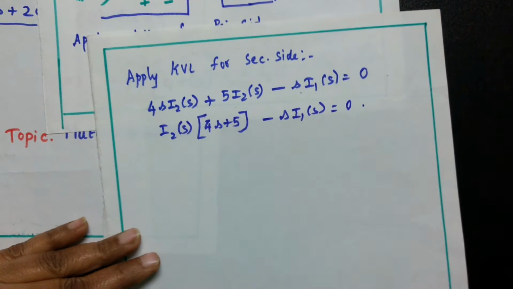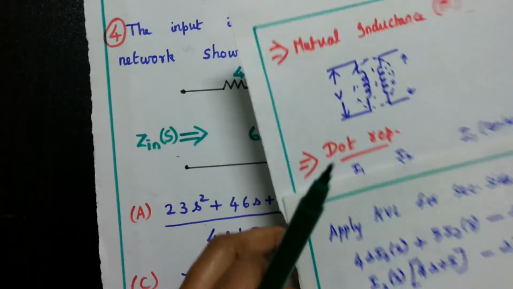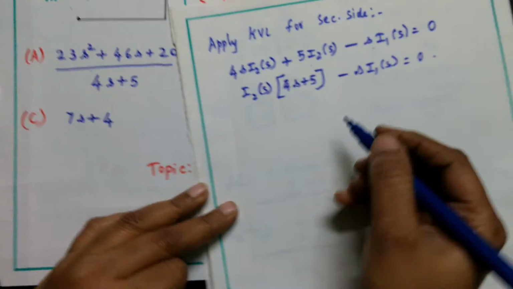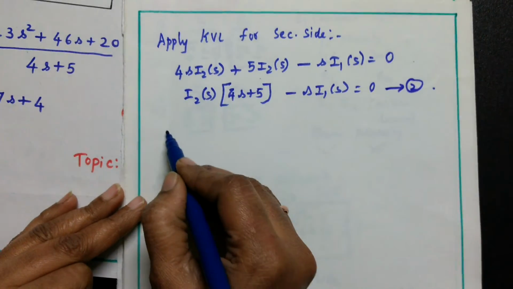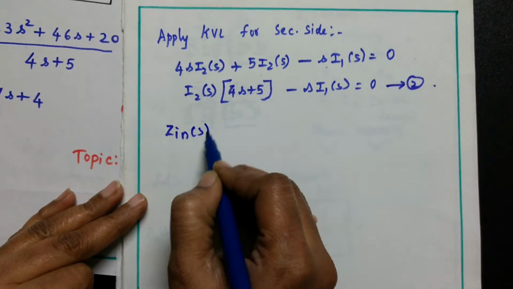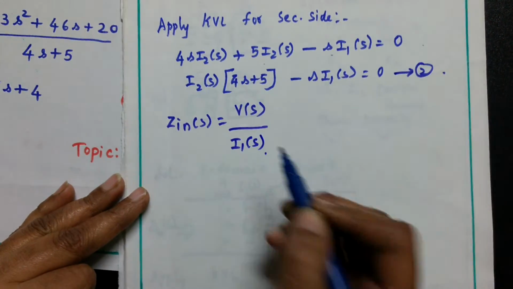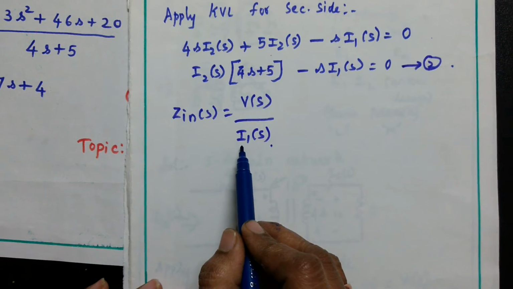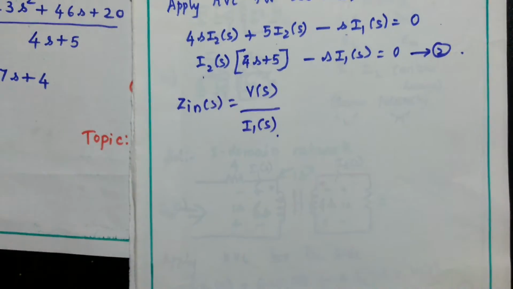So here what we have to find? We have to find Z in of S. This is taken as second equation. Z in of S, input impedance, is V of S by I1 of S. So first we have to find I1 of S. So we can eliminate I2 of S from the second equation.